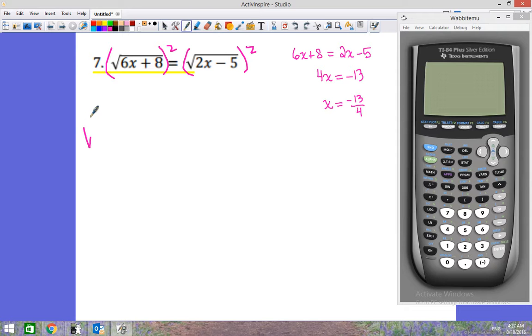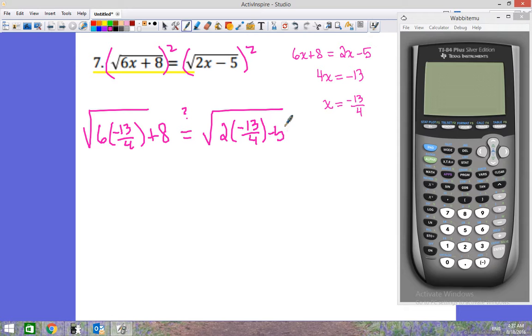If we have 6 times negative 13 over 4, and the question is, on the left-hand side here, what do we have?